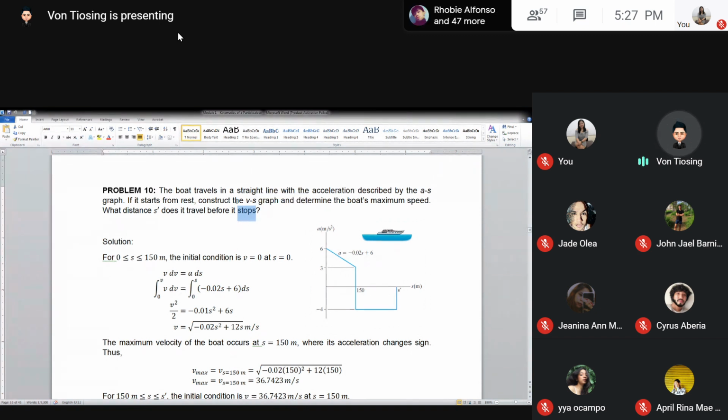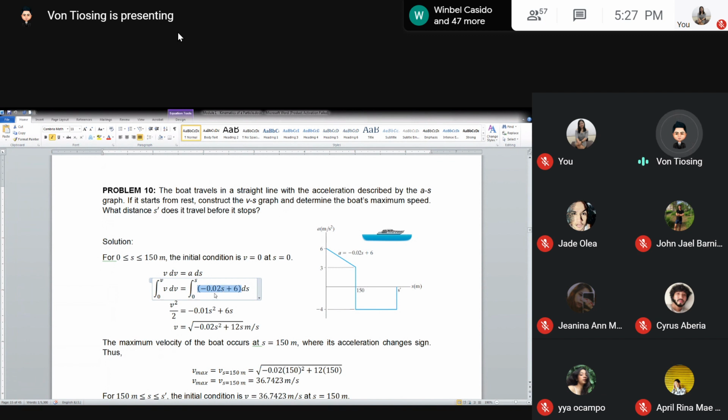Kasi, ang gagawin natin, we're going to construct the velocity displacement graph and then hahanapin natin kung saan mag-0 yung velocity. Okay. Just like what we did sa problem kanina, from 0 to 150 meters, meron tayong function na a equals negative 0.02s plus 6.